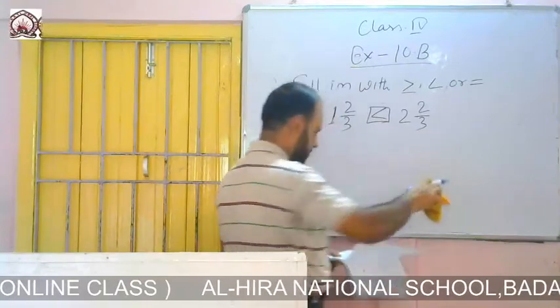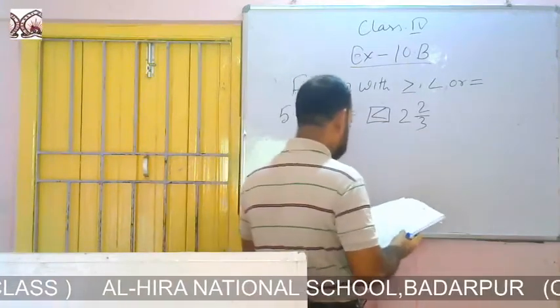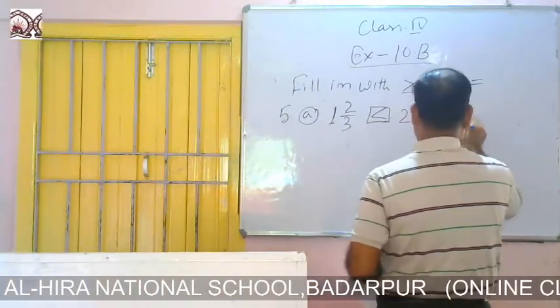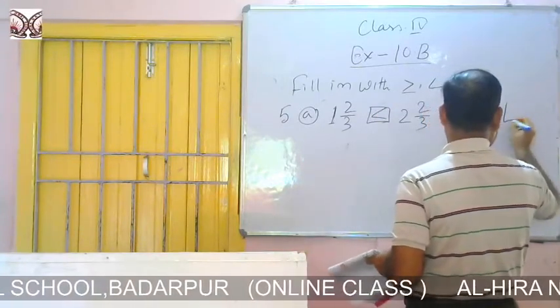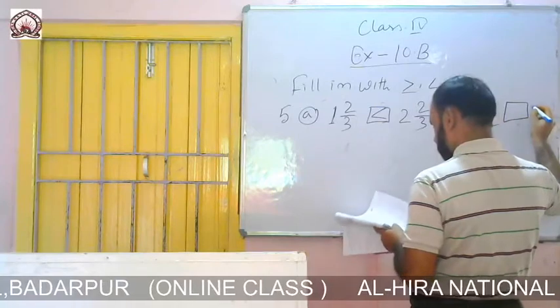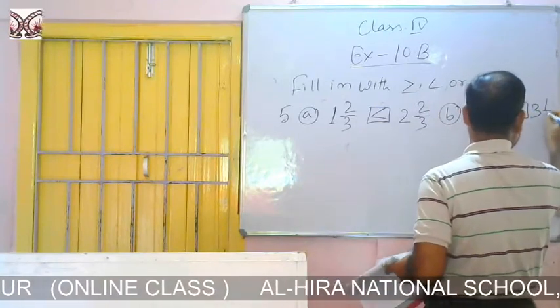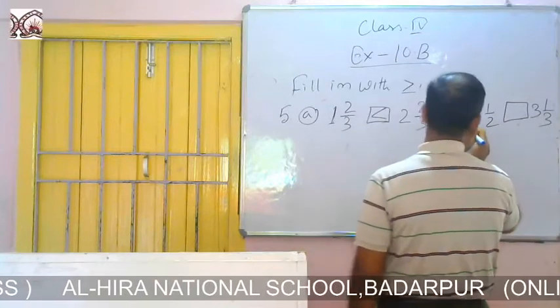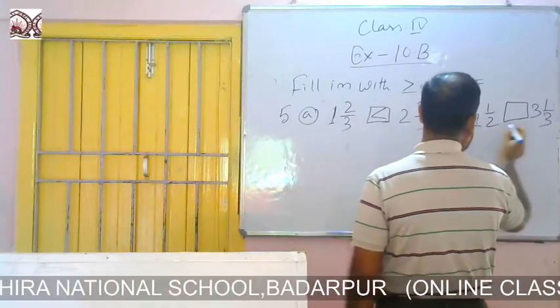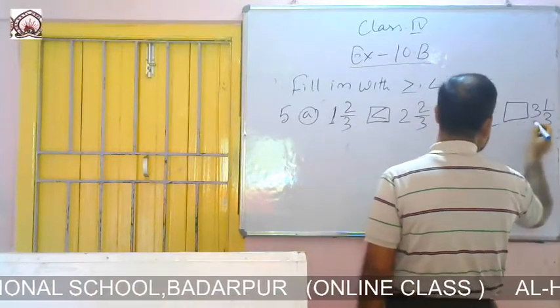Next, question number B, 4 1 by 2, 3 1 by 3. So first we compare the integral parts. Here the integral part is 4 and here 3.